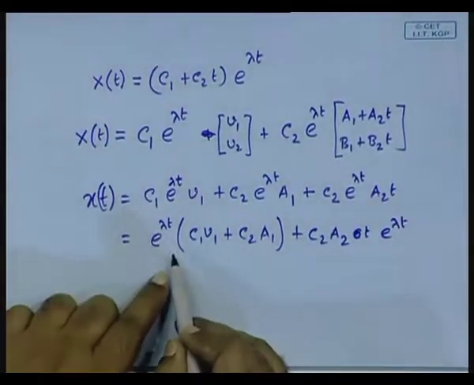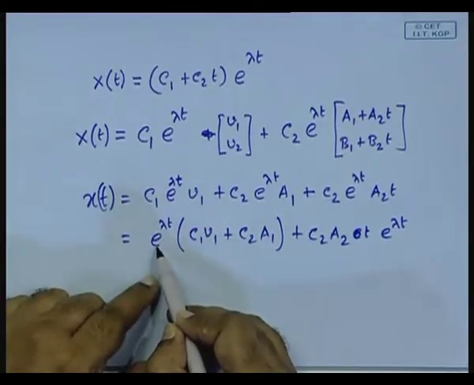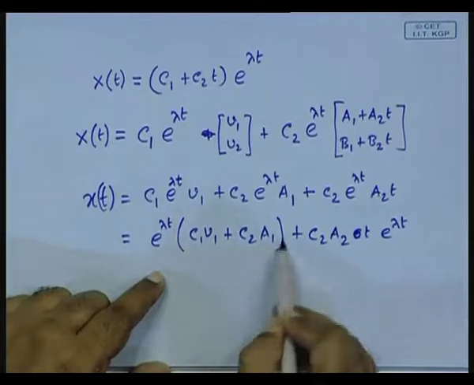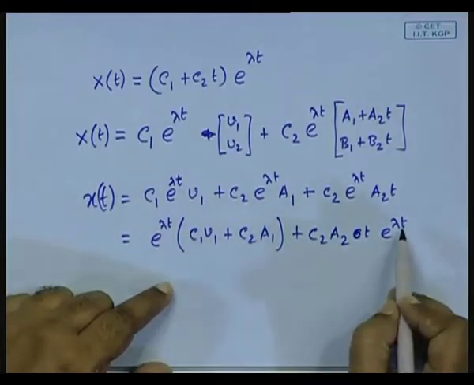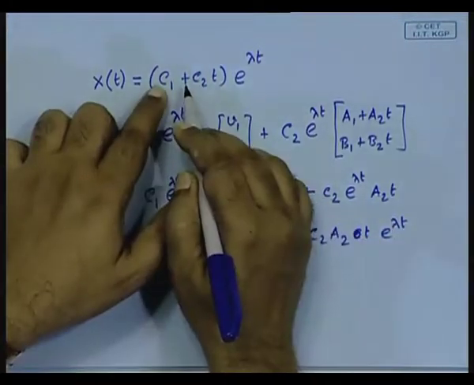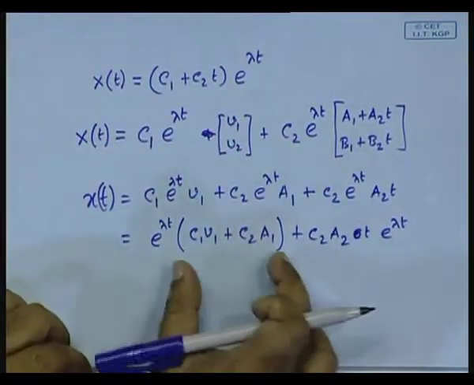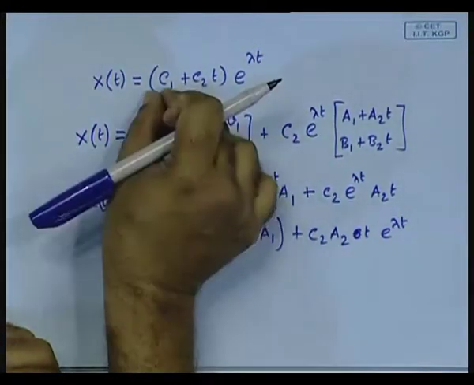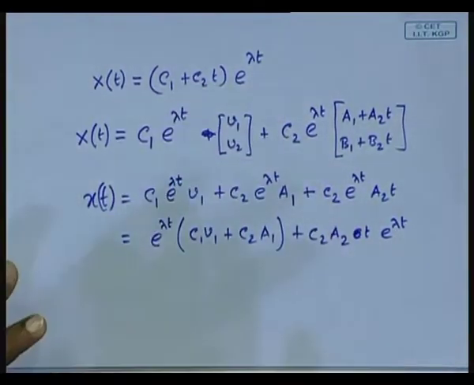So, you see there is one term with e to the power lambda t, with a coefficient that is a constant. There is another term with t e to the power lambda t with another constant coefficient, that is what we have written here. Okay. So, it is just an abbreviation of that. We have clubbed all this together as the new C1 and all this together as the new C2, that is all.